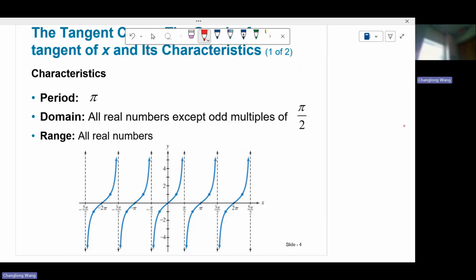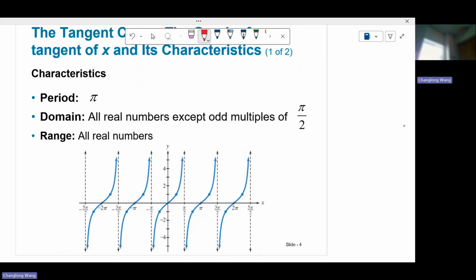Does it make sense that they say the domain is all real numbers except for the odd multiples of pi over 2, which means you can take the input x to be any number you want, but you have to avoid pi over 2, 3 pi over 2, 5 pi over 2, or the negative versions?